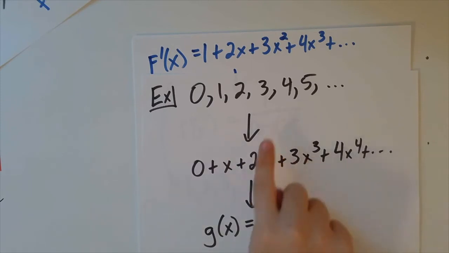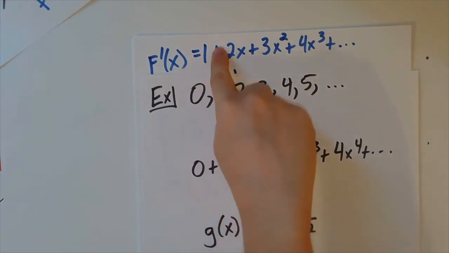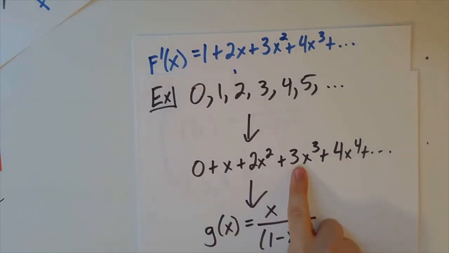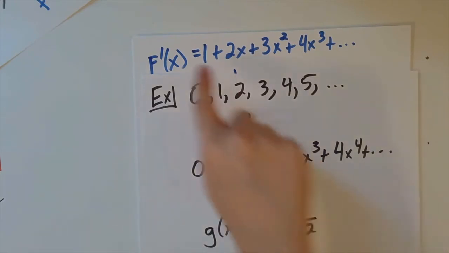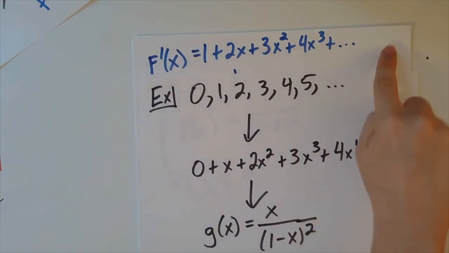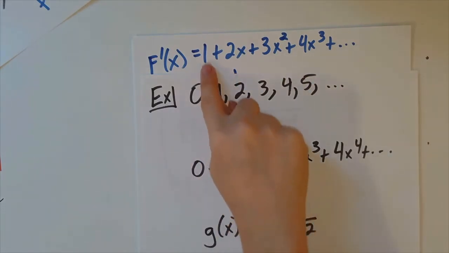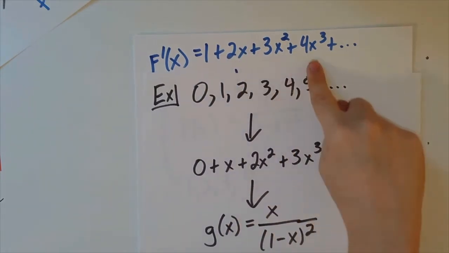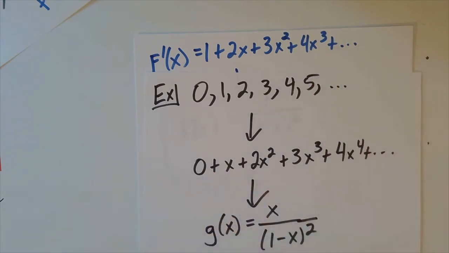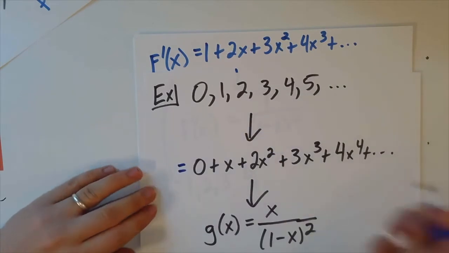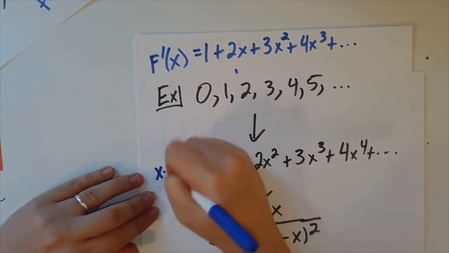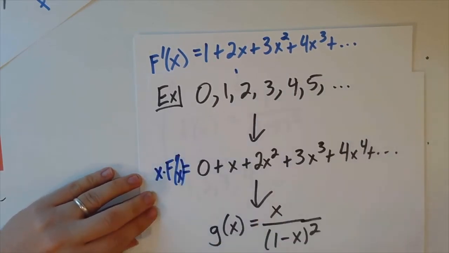Namely, to get from here to here, what do I have to do? Well, I have to multiply this power series that I have up here by x. And so then I'll get x plus 2x squared plus 3x cubed plus 4x to the fourth, and so on. Namely, this power series here is x times F prime of x.